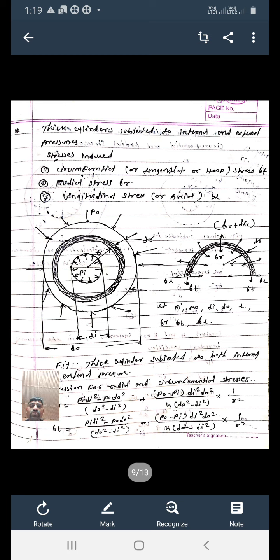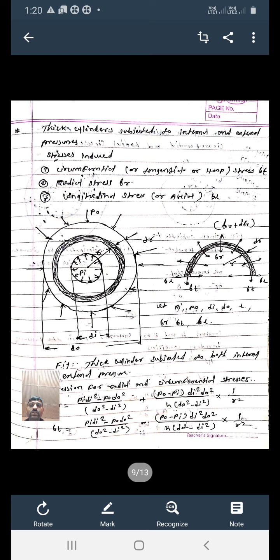That's why you should remember the formulas only. How to solve this? You can use the equilibrium of vertical forces acting on the half portion of the ring. We consider the half portion of the ring and find out that value.